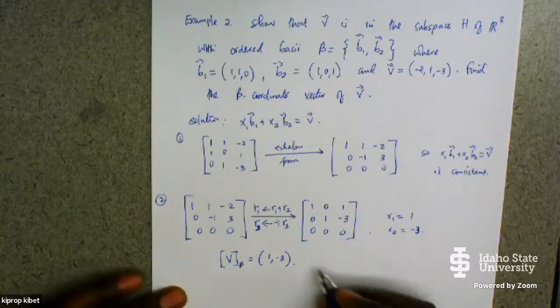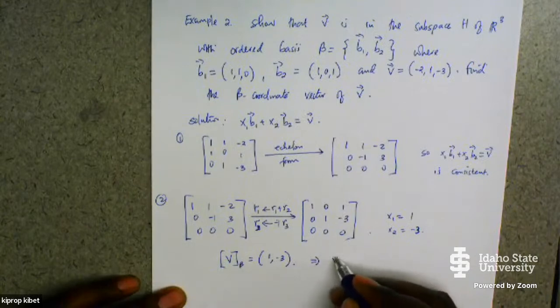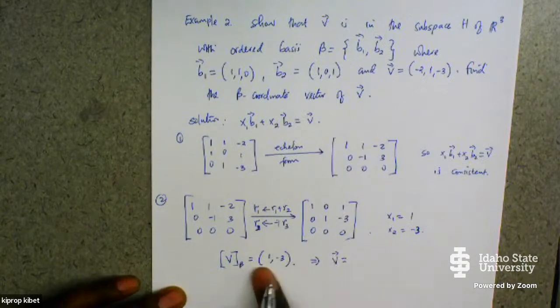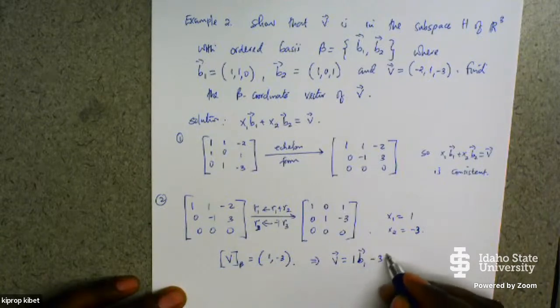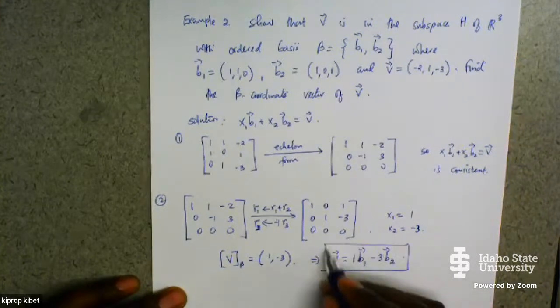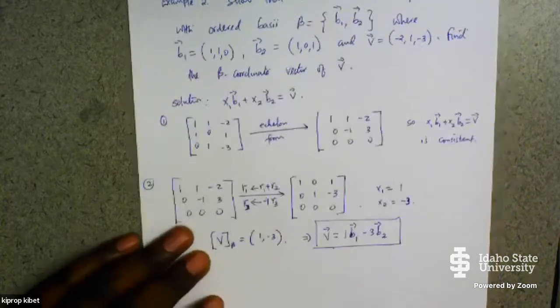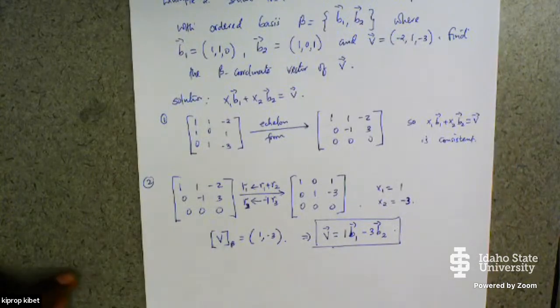Then v is equal to, since x1 is 1, b1 minus 3 b2. So that is like that.